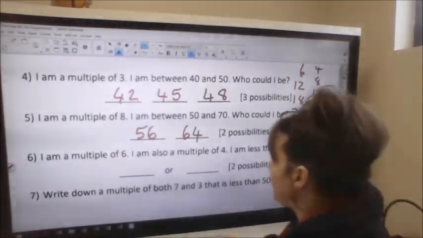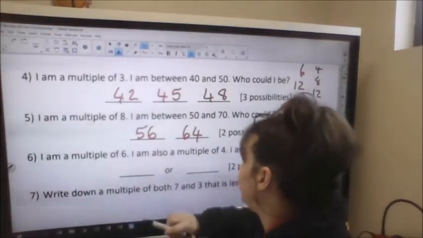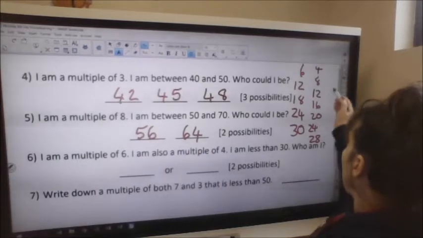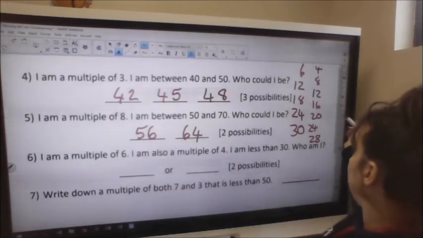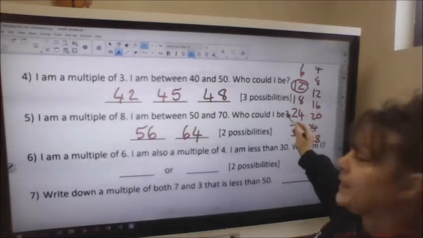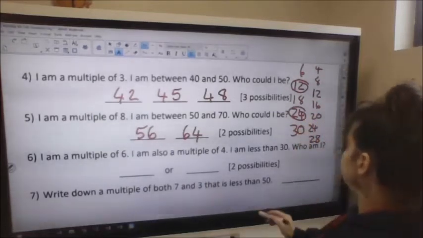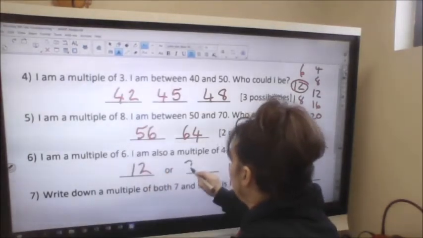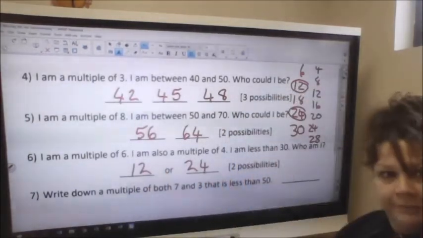So let's have a look. I'm a multiple of 6. I'm also a multiple of 4 and less than 30. Who am I? Well, what appears in both of those times tables? Well, 12 appears in both, and 24. So my answer is 12 or 24.